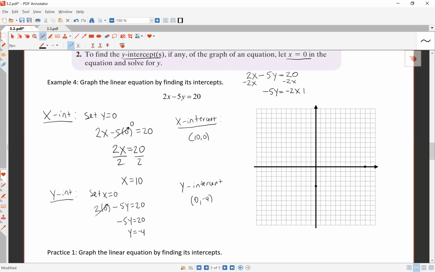Negative 2x and 20 are not like terms, so we can't add them. Then we get y by itself by dividing by negative 5. And the equation is y equals 2/5 x minus 4. So remember, this gave us a nice way to plug them into our t-chart.